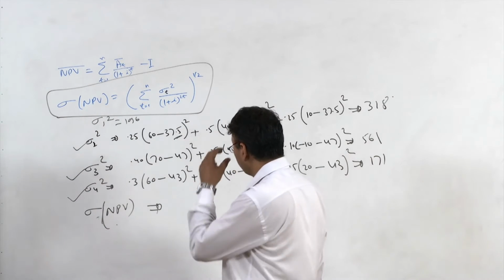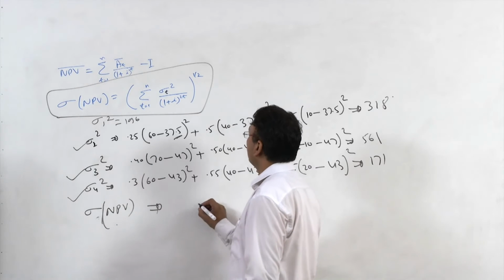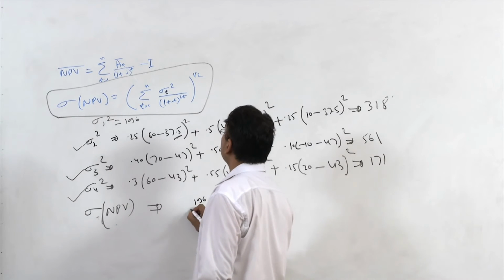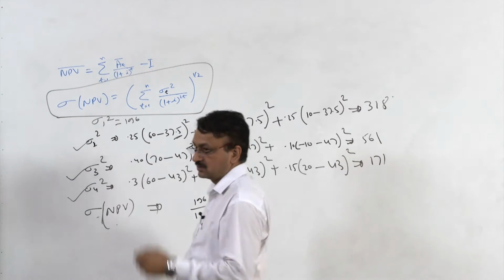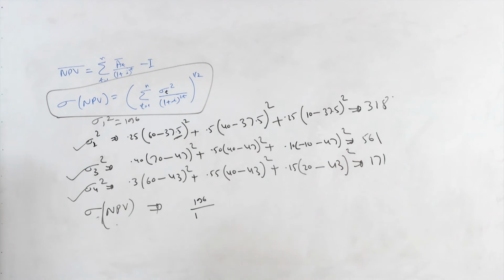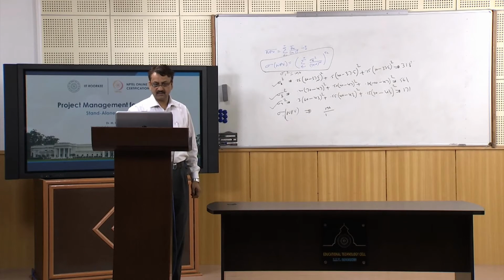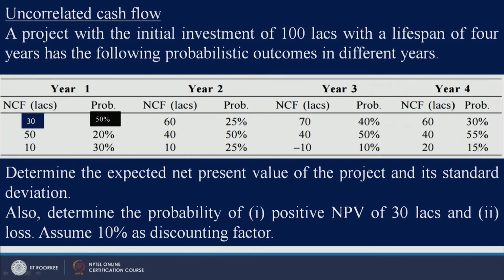So, how to proceed now? 196 plus 1 upon, and what is your discount factor here? The discount factor is 10%, it is there in the question itself. Just see this, this is discounting factor 10%.